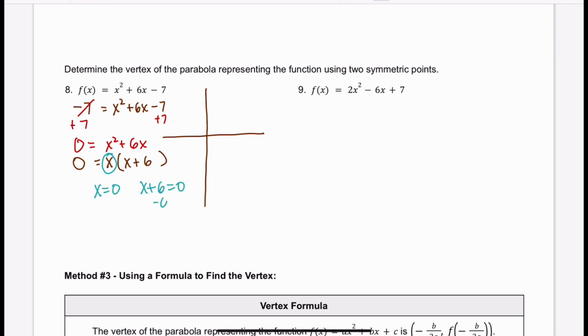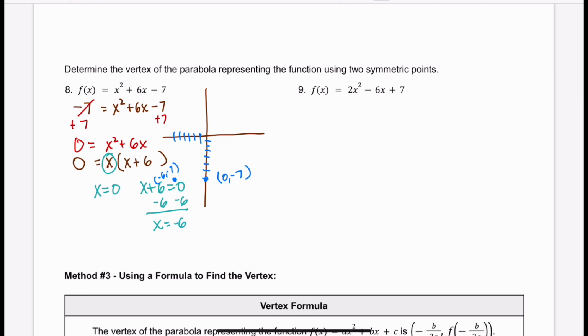So I subtract 6 from both sides, and x equals -6. So I'm going to have a point at 0, 7. Sorry, 0, -7. When the x is 0, we're also going to have one at, if I put a -7 in, I will have the point -6, -7, and the point 0, -7.